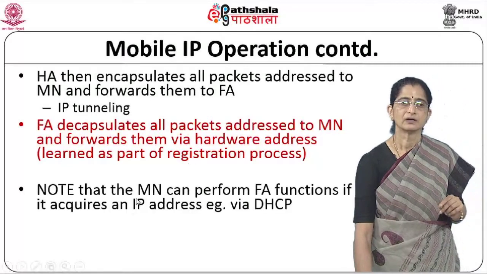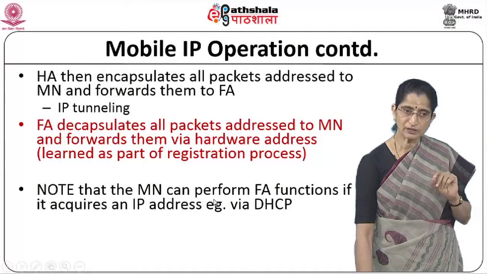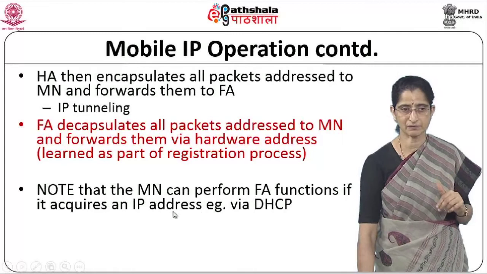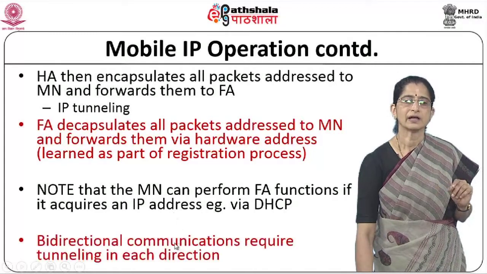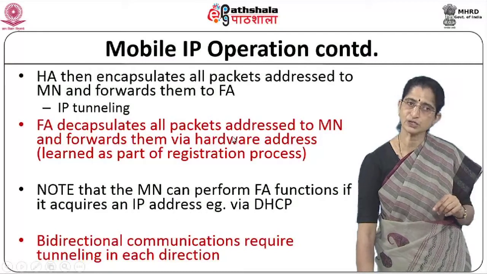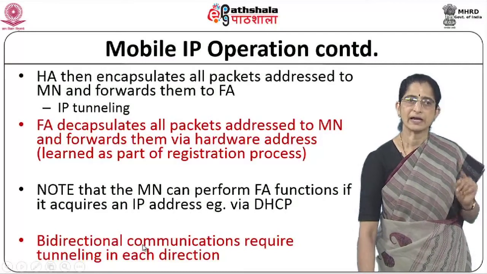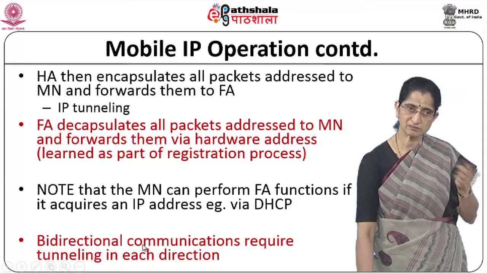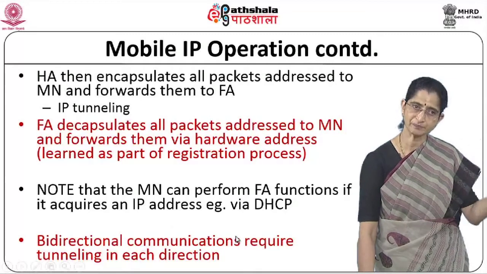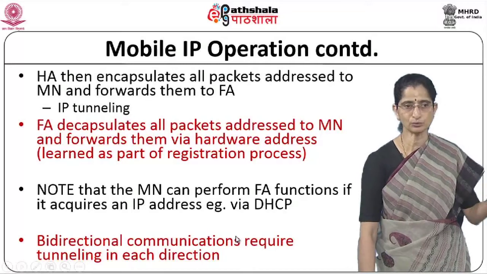Note that the mobile node itself can perform the foreign agent functions if it acquires an IP address, for example via DHCP. Otherwise it will be contacted by the foreign agent using its hardware address. When you need bidirectional communication, it will require tunneling in both directions, that is from home agent to foreign agent and from foreign agent to home agent.